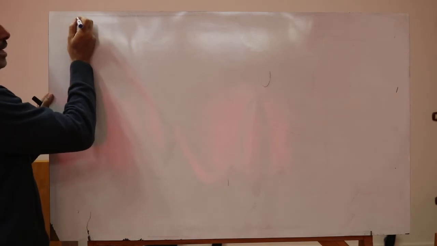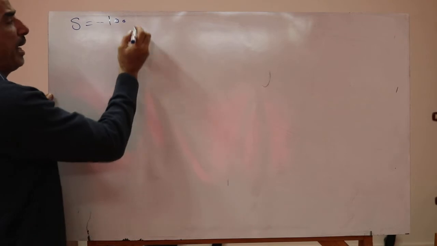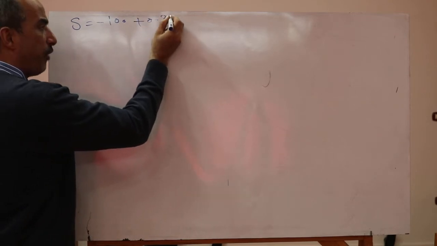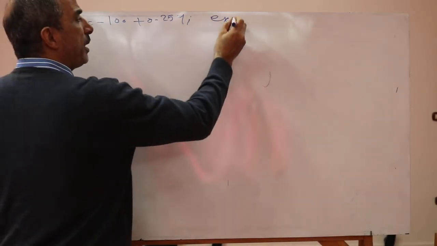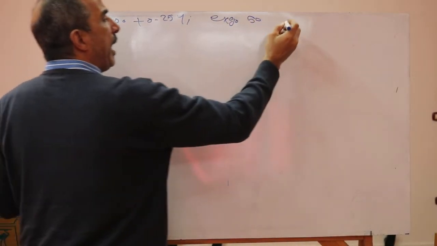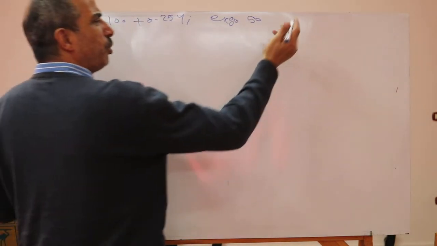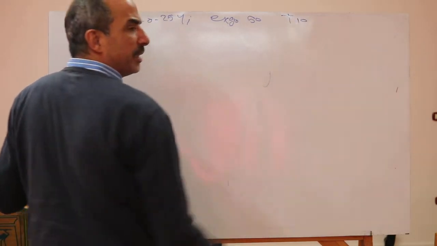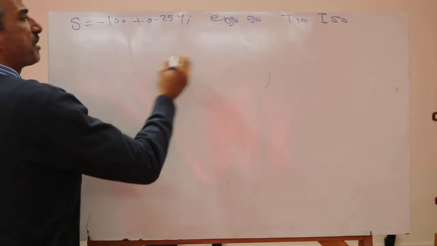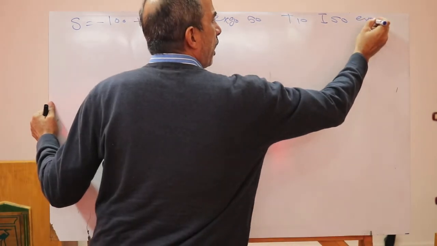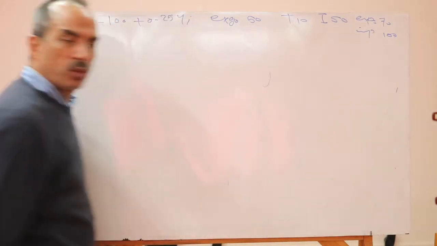Saving equals minus 100 plus 0.25 YI, government expenditure equals 50, taxes equal 10, investment equals 15, export equals 70, and import equals 100.